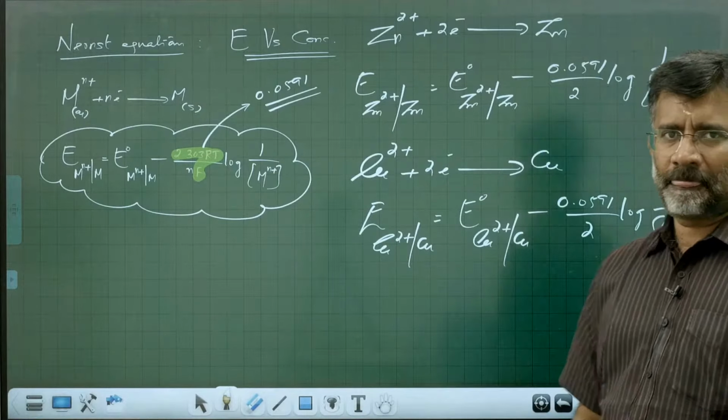Now this formula, I can relate to the concept of equilibrium, which is E cell is equal to E naught cell minus 0.0591 by n log Qc. This is nothing but Qc, the reaction quotient. Hope you remember.